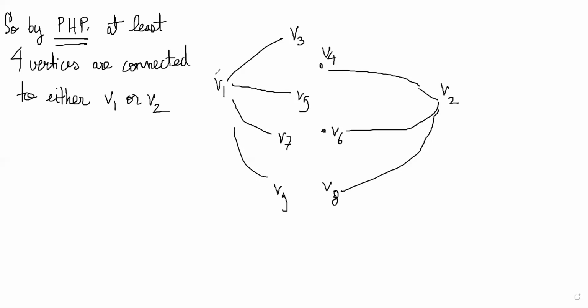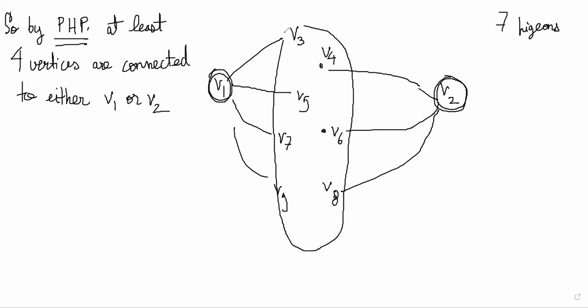Since the total number of edges had to be 7 and there are 2 vertices that we are connecting them to, one of them has to be connected with 4 and one of them with 3, right? Because 7 pigeons, which are the vertices 3 to 9, and 2 holes, which are V1 and V2. So if you have 7 pigeons and 2 holes, then 4 of them must go to one and 3 of them must go to the other, right?